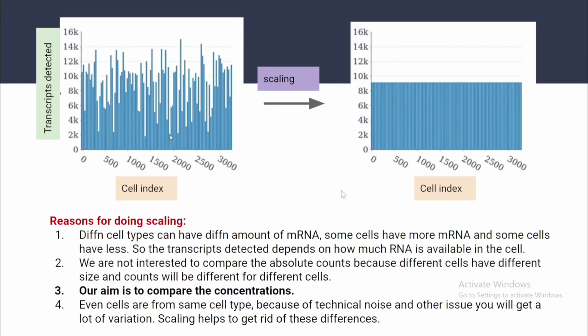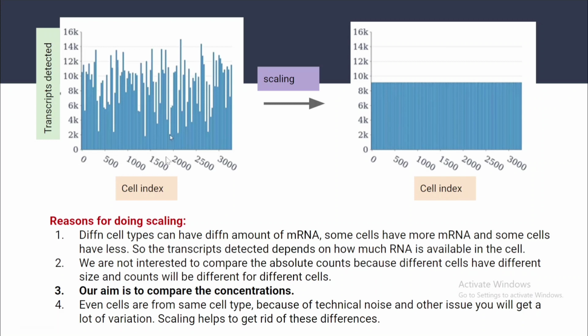The reason for doing the scaling part is very important. In this example, you can see on the x-axis we have the cells and on the y-axis we have the number of transcripts detected for each cell. The number of transcripts detected is basically the sum of all the UMI counts for each gene, for each cell.